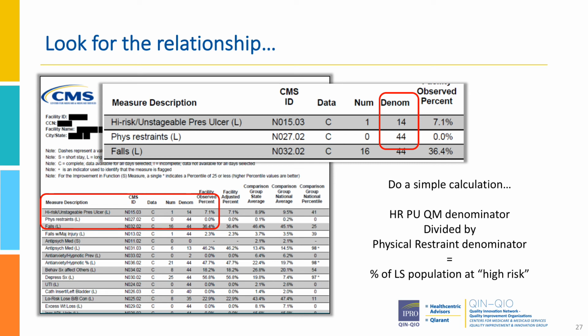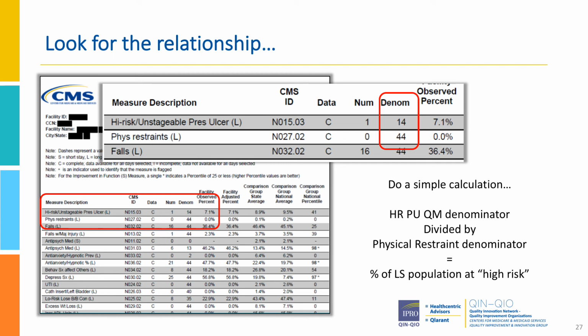Remember, the physical restraint quality measure denominator represents the total number of long-stay residents in your facility at the time of the report. And the high-risk pressure ulcer denominator represents the number of those long-stay residents who were determined, again by the MDS, to be at high risk for the development of a pressure ulcer. Now do the math.